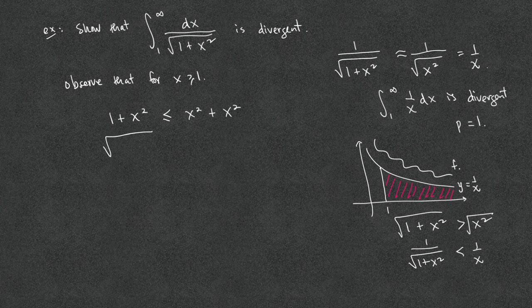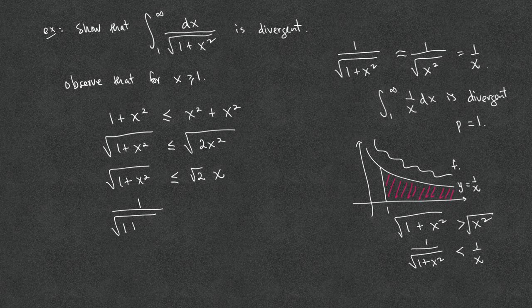Thus, the square root of 1 plus x squared is less than or equal to the square root of 2x squared, or the square root of 1 plus x squared is less than or equal to the square root of 2 times x. So 1 over the square root of 1 plus x squared is greater than or equal to 1 over the square root of 2 times x.